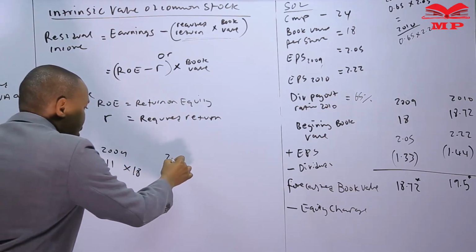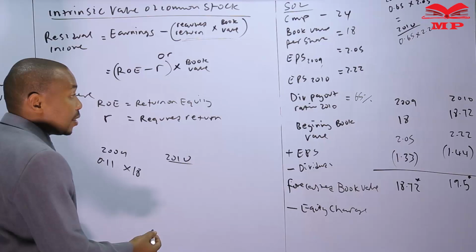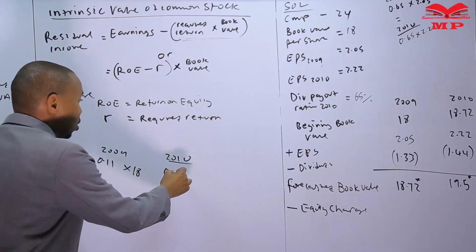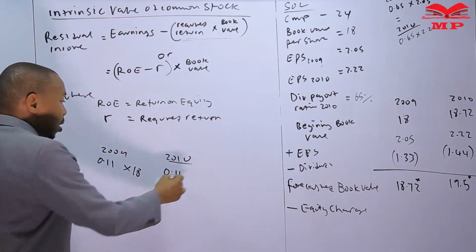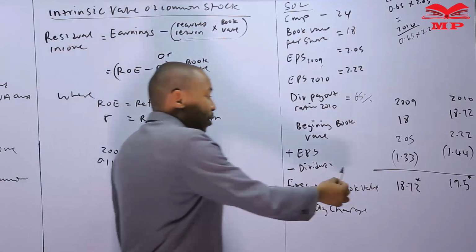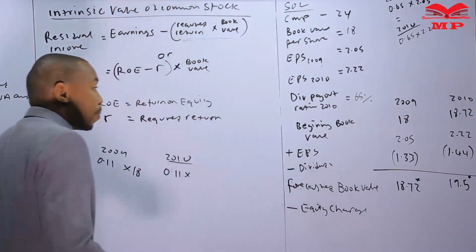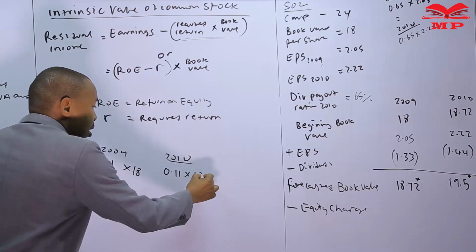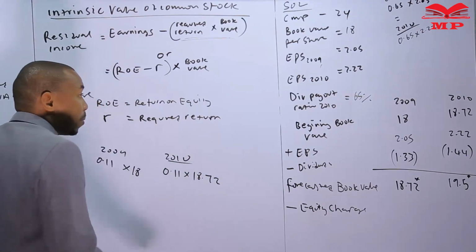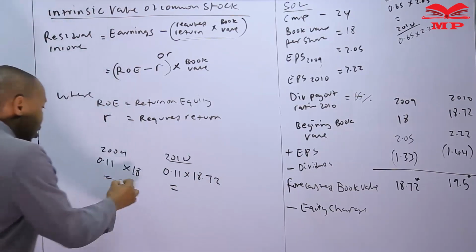That's for 2009. For 2010, it is 0.11, which remains constant, multiplied by the current or beginning book value, 18.72. So how much do we get in both cases?